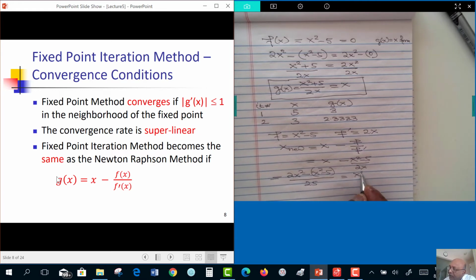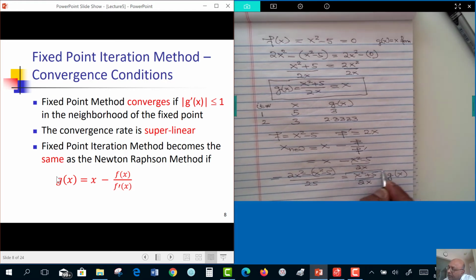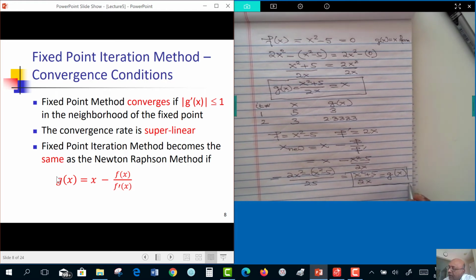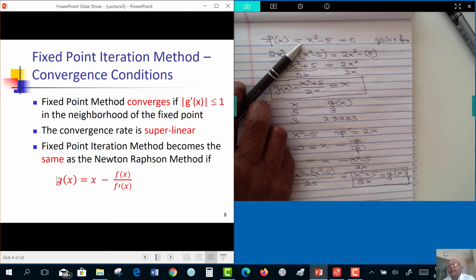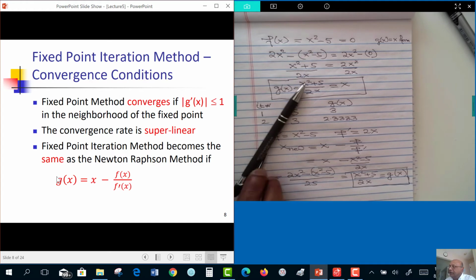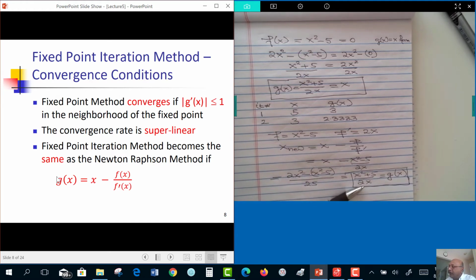So this will be x squared plus 5 over 2x. And that is our g of x. So that is what we did here exactly. So we took this function, did Newton-Raphson method on it, we would have been basically implementing fixed point iteration method.